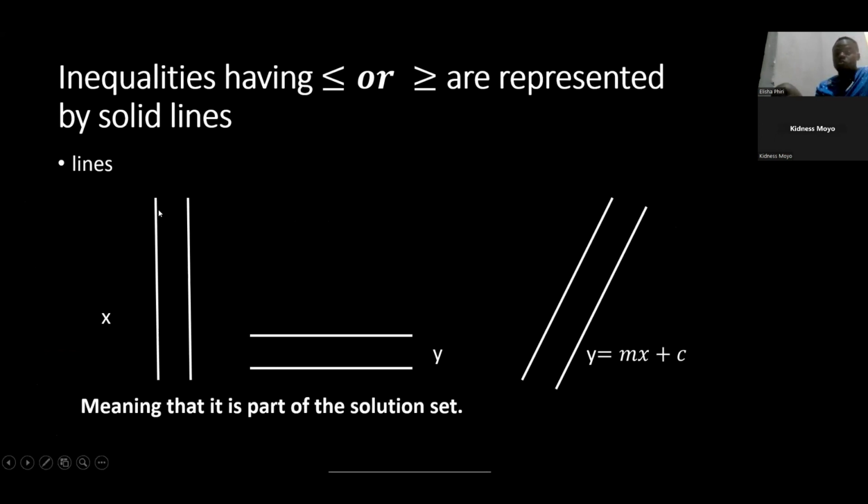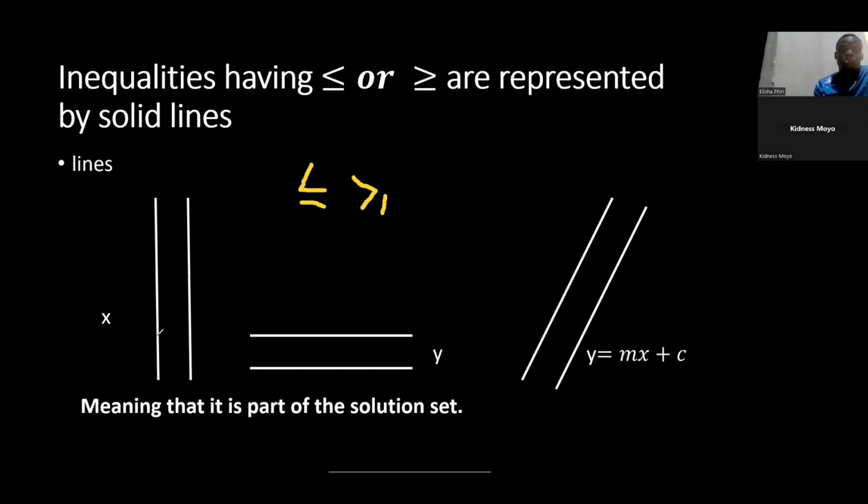Yes, so now when you see bold lines, then you need to know you're dealing with the inequality symbols less than or equal to, or greater than or equal to. So if in an inequality you have those inequality symbols, then you need to know you're going to have bold lines.